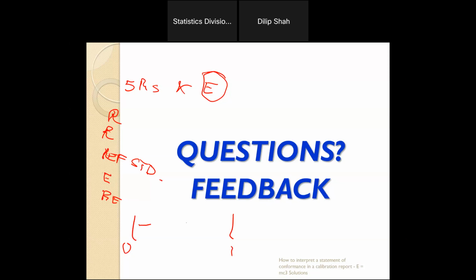Now you have no idea at what point in time your equipment went out of tolerance. But if you were doing intermediate checks in between, you would have an idea to send it back for recalibration, repair, etc. So that's one thing in there.